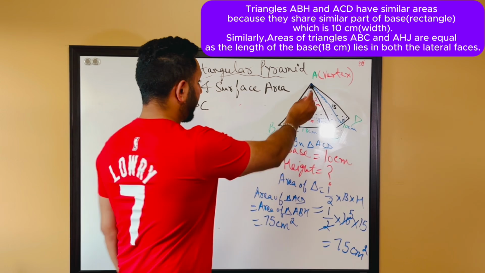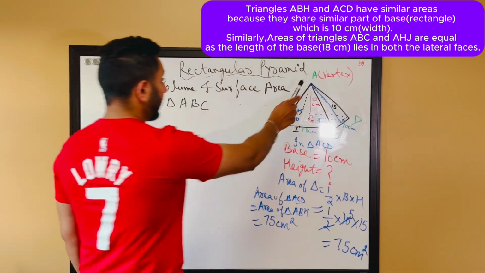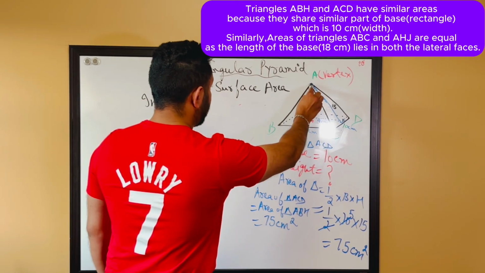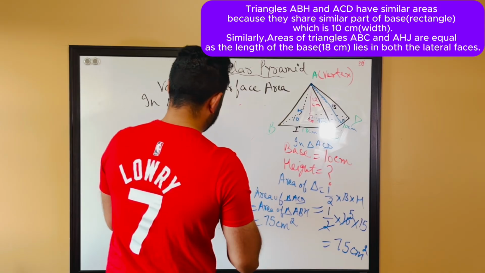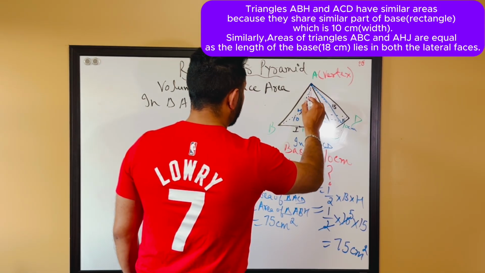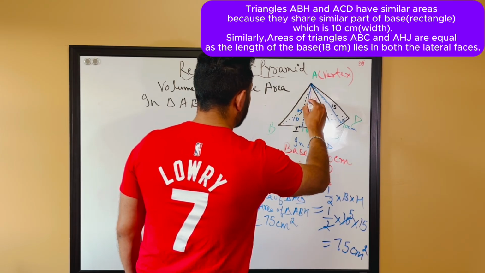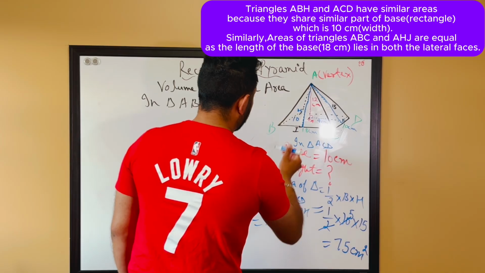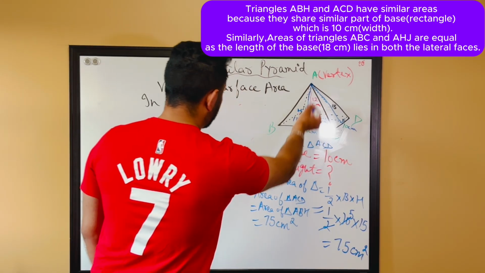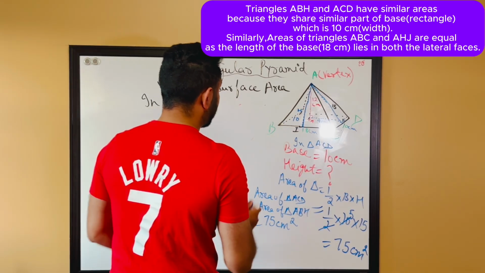So in triangle ABC, if we have to find the area of triangle ABC, we got the base as 18 centimeter, but we need to find out the slant height, which is this. In order to find out the area of triangle, we need base and height. So we got the base, but we don't have height. So again, we're gonna take the help of this perpendicular height.